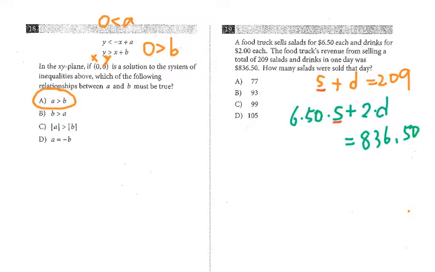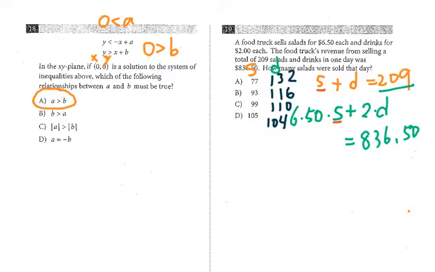For this kind of question, we need to plug in and check answers. All the multiple choices stand for S. Then we use 209 and subtract the multiple choice to get drinks. We can get 132, 116, 110, 104 for drinks separately.